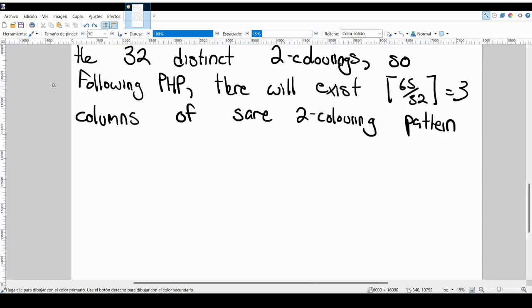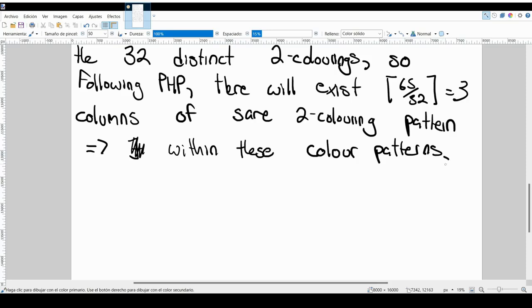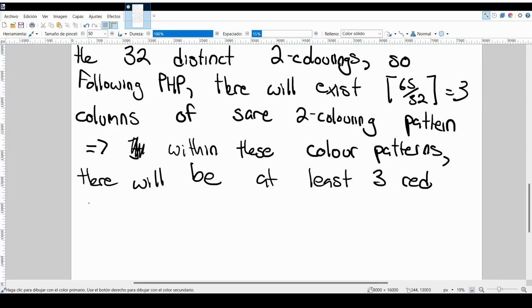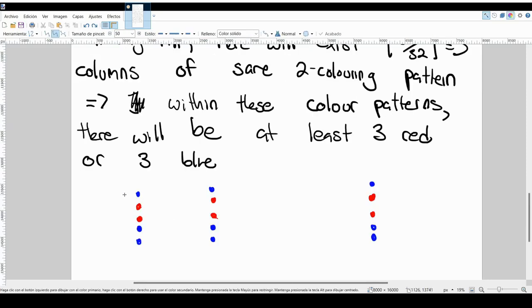So, what does this imply? This implies that there exist, as I said, 3 columns of the same color pattern, and within these color patterns, there will be at least 3 red or 3 blue. I have drawn an example here to give a bit of intuitive understanding.